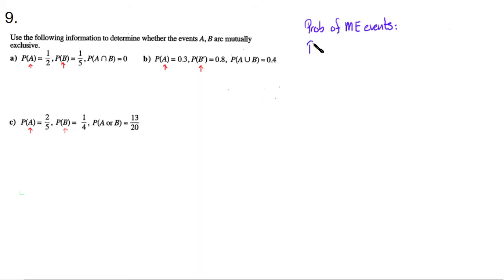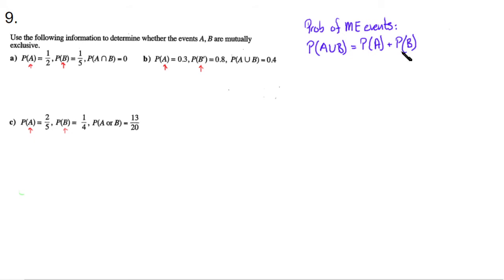The probability of A or B occurring, this set notation here is union, so A or B equals the probability of event A occurring plus the probability of event B occurring. So for mutually exclusive events, that's it.